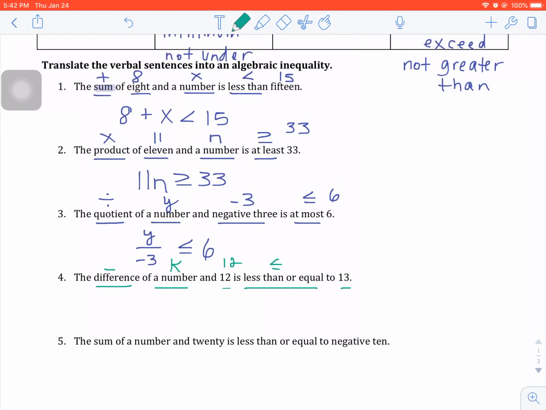is less than or equal to. So we're going to use the same symbol that we used in number 3. And then we've got the number 13. So I'll give you just a second to see if you can translate that and write it as an inequality.